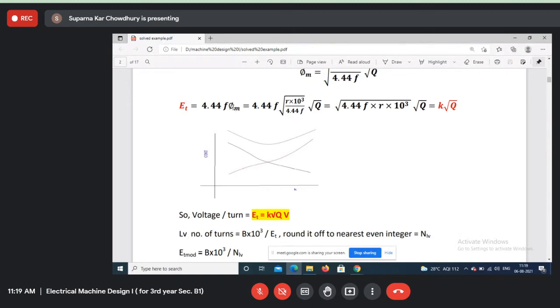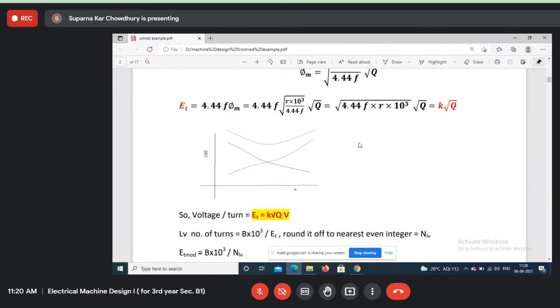So magnetic loading will increase, electric loading will decrease. So accordingly, the cost of the magnetic circuit increases and the cost of the electric winding decreases. So one cost increases with K, one cost decreases, and it crosses at this point.